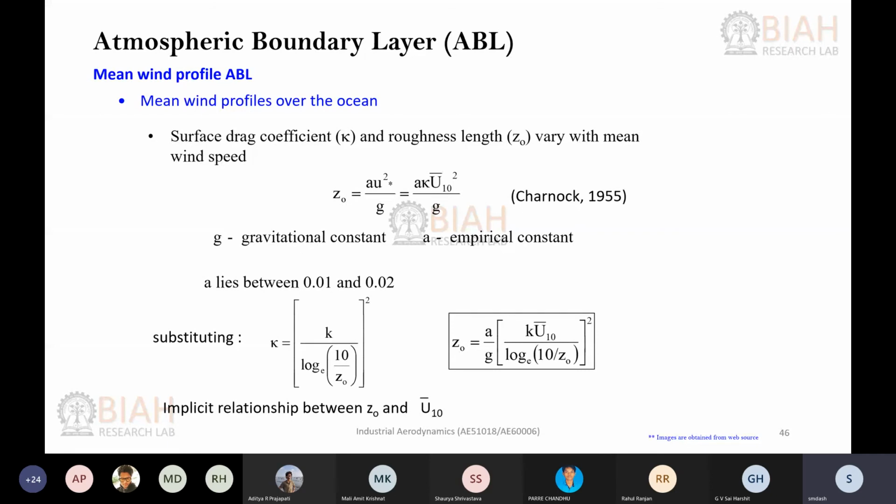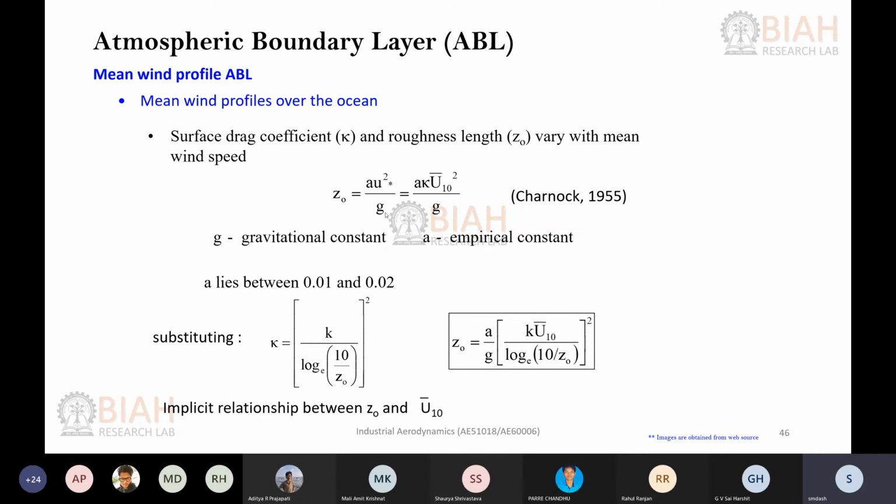Then there is a bit more information on the wind velocity profiles. The mean wind velocity profile on the ocean surface: over the ocean surface, how does it look? You can see that the Z0 value can be related with u star using this equation.